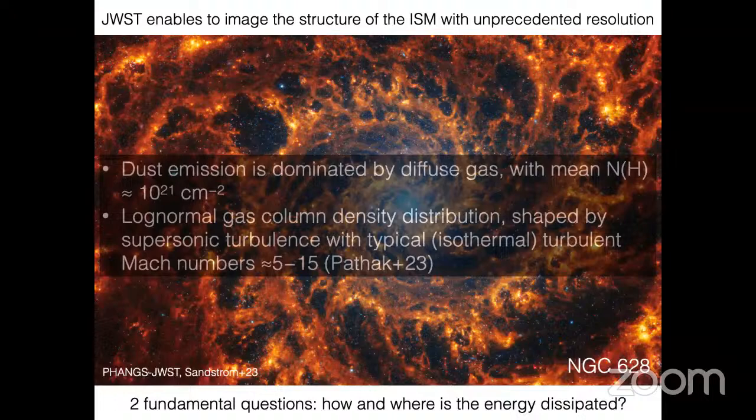And they are actually confirming that those PDFs of densities and temperatures match simulations of isothermal turbulence, with Mach numbers between 5 and 15 in that paper. So the studies we were able to do in our own Milky Way, we can do in external galaxies now. And the question is where and how is this energy dissipating?